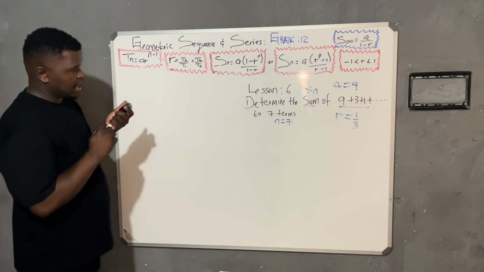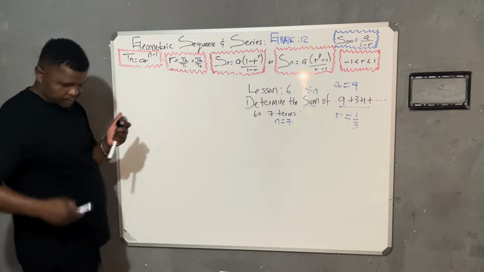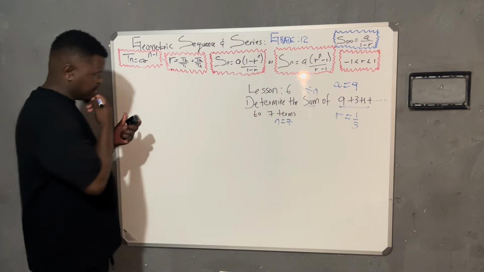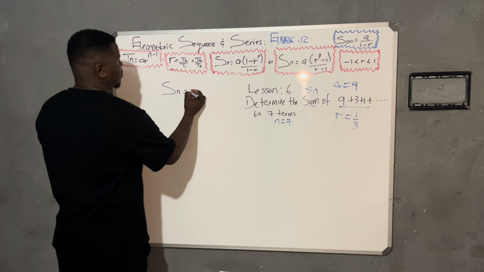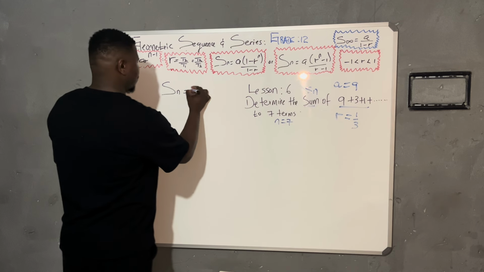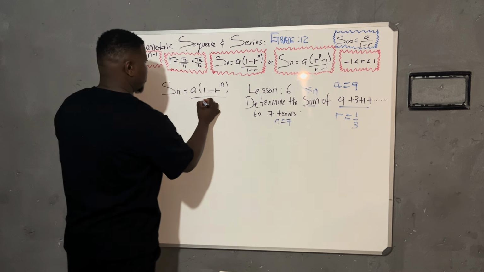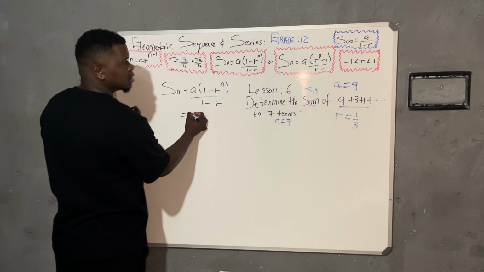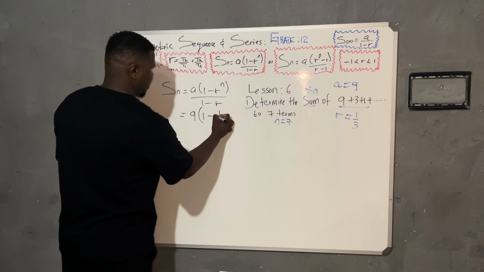I think I must come to the end of the video since I think my mic is out of battery now. Okay, now let's quickly do that. Now, due to the battery of my microphone, my A is 9. My R is 1 over 3.